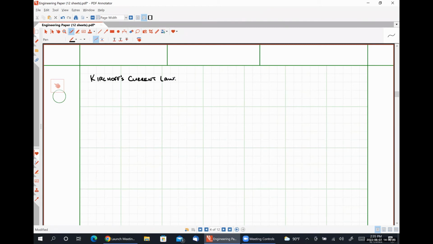There are actually three different ways that we can formulate Kirchhoff's current law, and they all mean effectively the exact same thing. So I'm going to draw a simple picture, having several wires leading into a node, and each of these wires will be carrying a current.